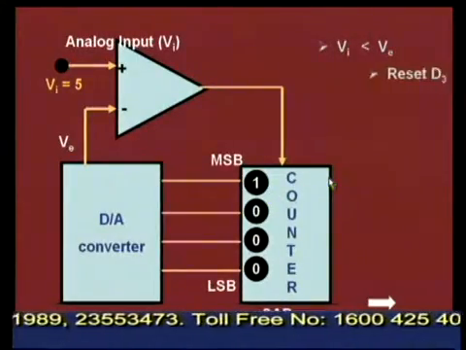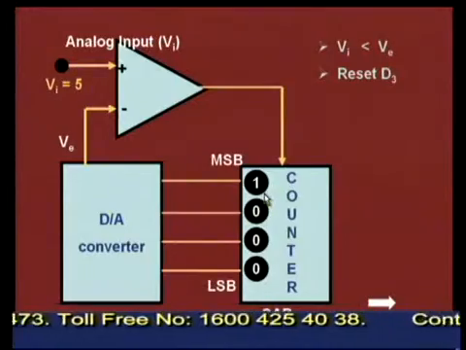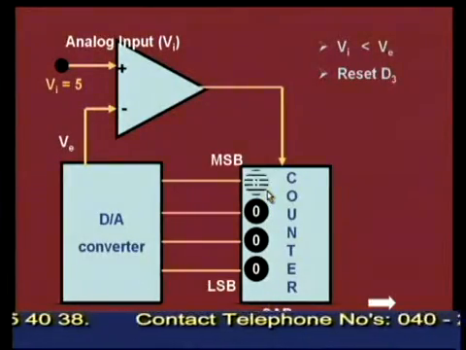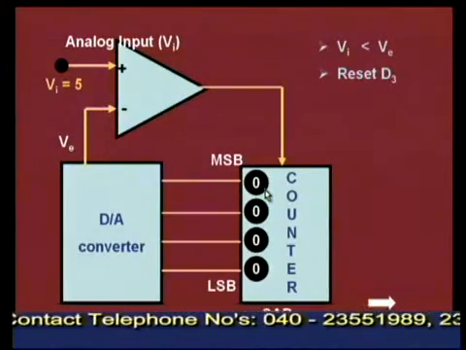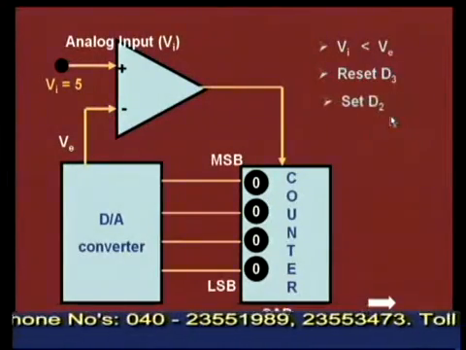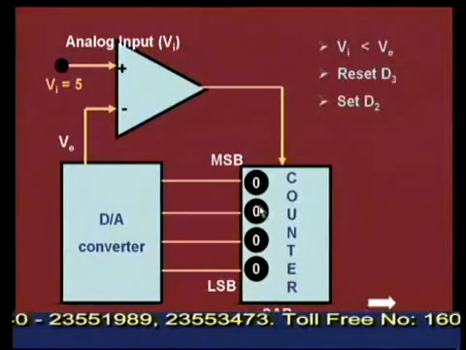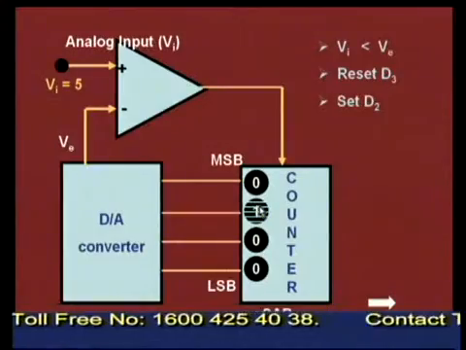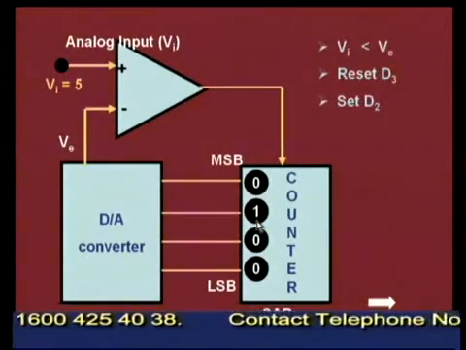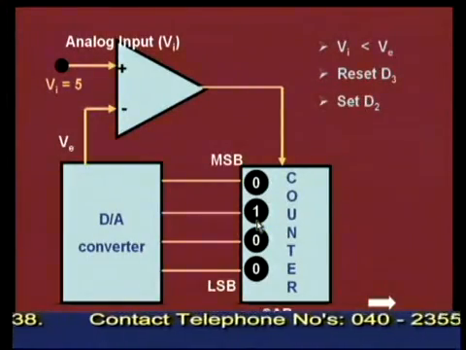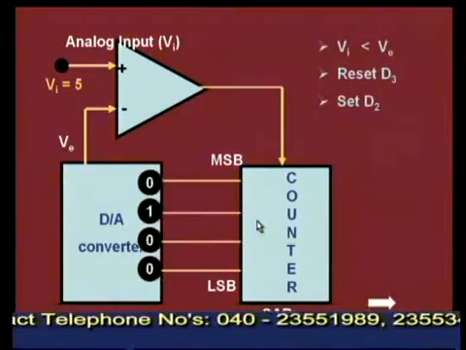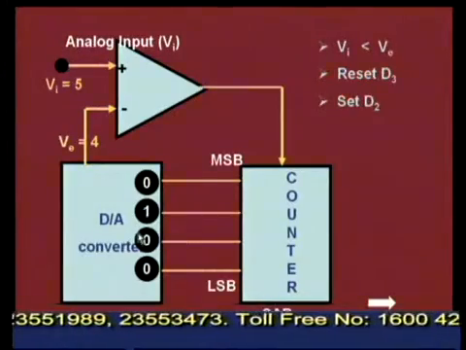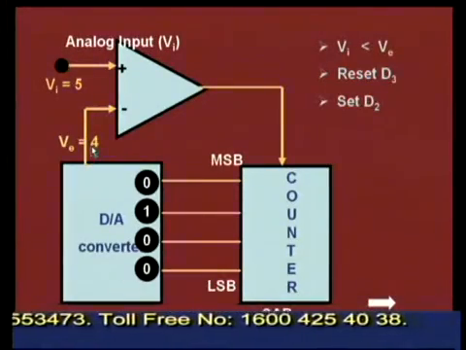So, here you will have to reset D3, which is the MSB, to 0 and then set the next significant bit, D2, that is, change it from 0 to 1. Upon making this change, you have to proceed normally, that is, send this value and find the analog equivalent value. At this time 0 1 0 0 is equal to 4 volts.